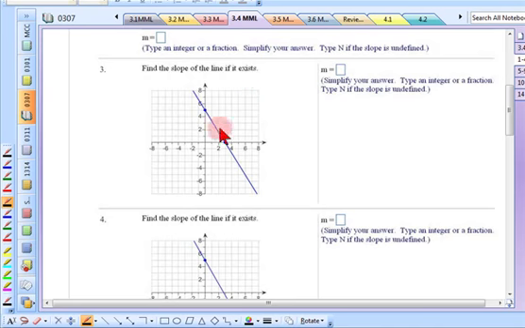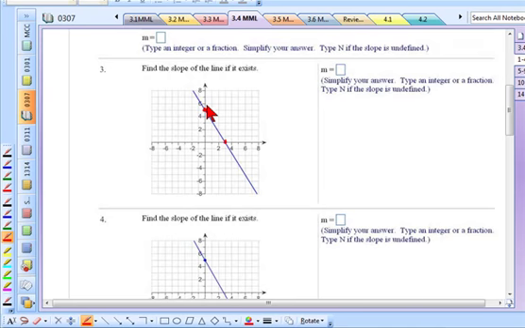All right, on your picture, you're finding the slope of the line. The author of this has been very helpful because she has given you a point here and a point here that are highlighted, and it's in your best interest to use those 2 points. Now, you can start at whichever one you please.